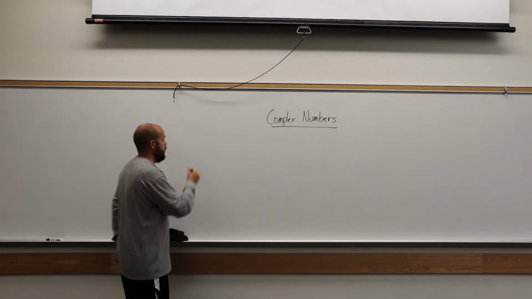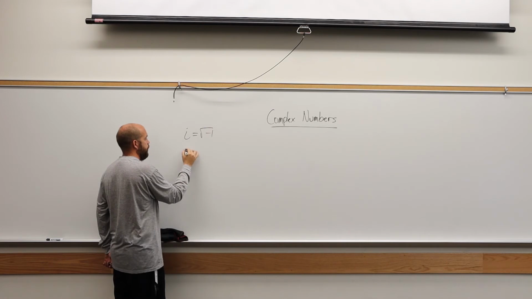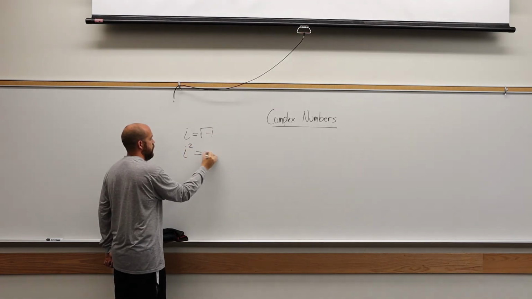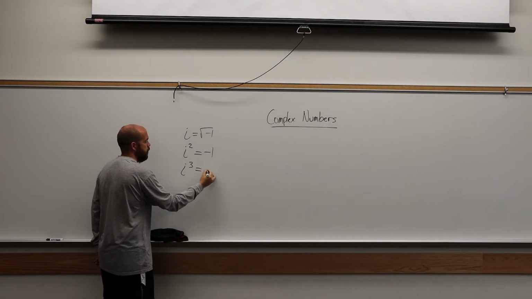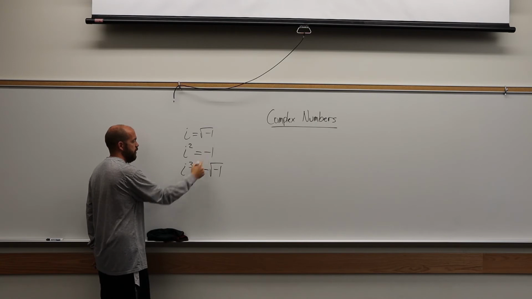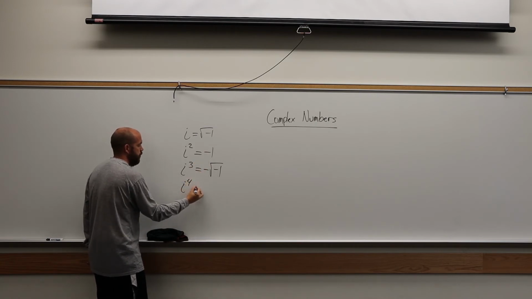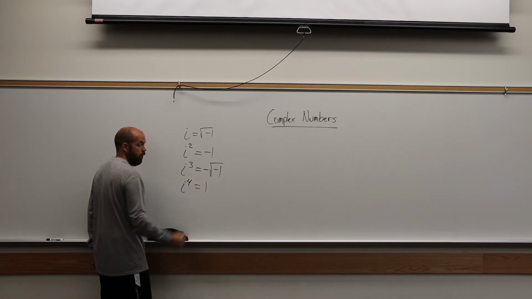So just to write this clean, I have i equals the square root of -1. i squared equals -1. i to the third power equals negative square root of -1. That's just that times that. i to the fourth equals i squared times i squared, so +1.